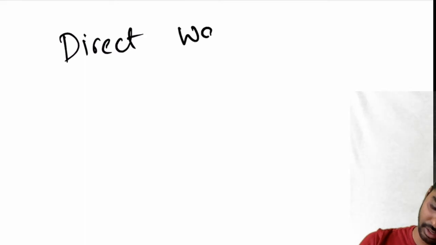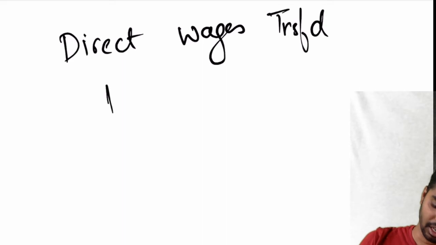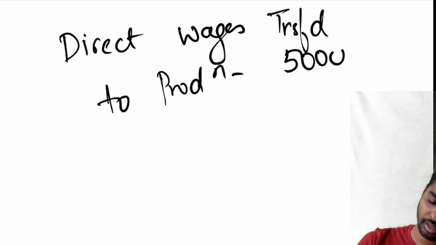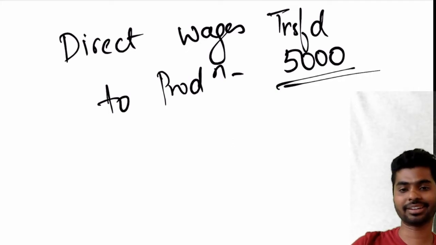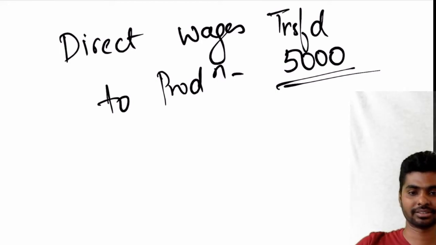Direct wages transferred to production 5,000. Direct wages transferred to production 5,000. What do you think is going to be your journal entry? I'll give you guys 10 seconds. Write it soon.